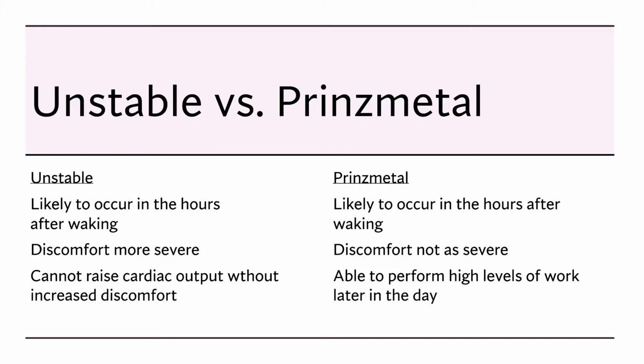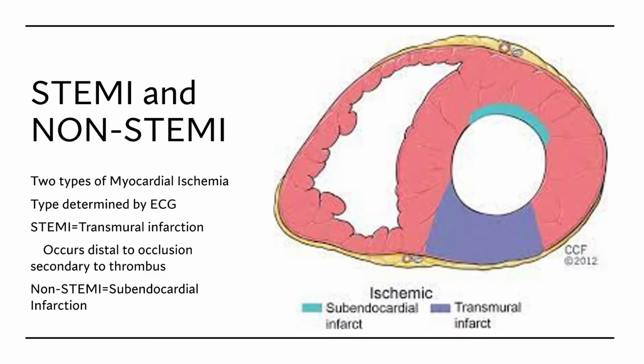There's an increased risk in the morning. Unstable angina is much more painful than Prinzmetal, and with unstable angina, it doesn't really go away. Even later in the day, you could still be having pain, whereas Prinzmetal typically eases throughout the day.